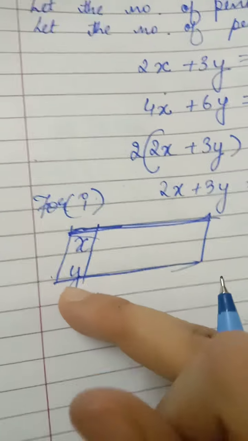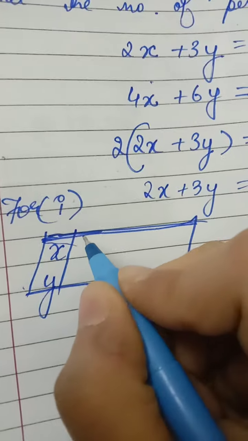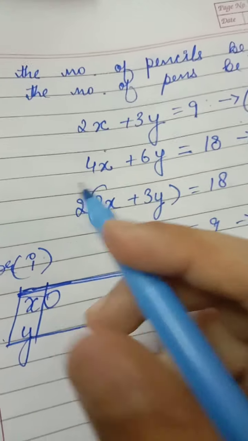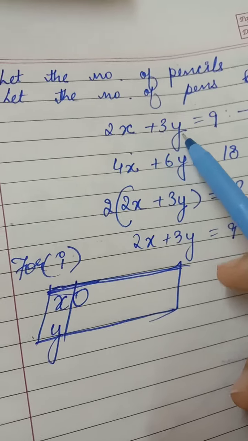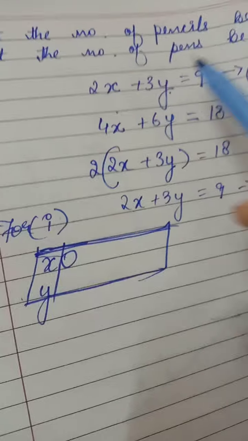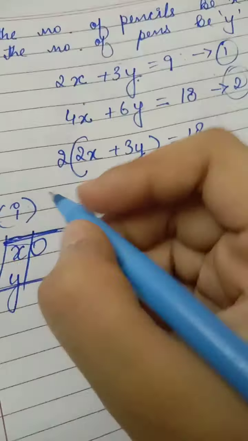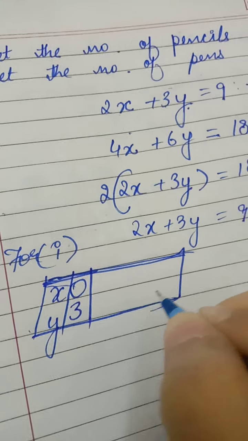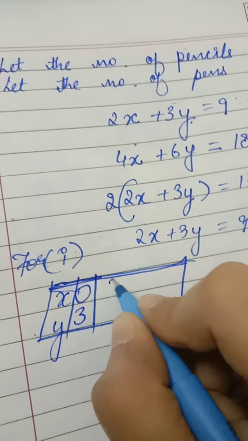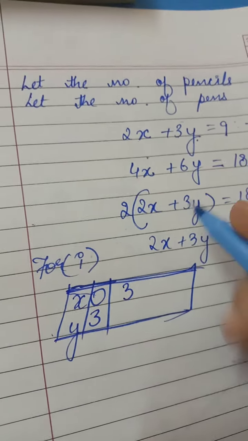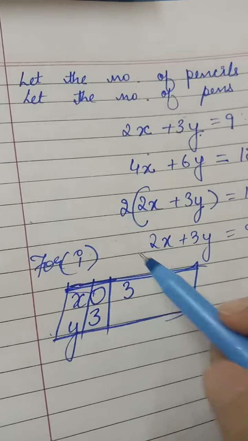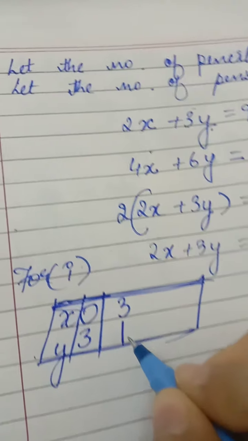So for x and y, if we keep x as 0, we'll be getting 0 plus 3y is equal to 9. Then y will become 3. If we keep x as 3, 2 threes are 6, we'll get 1 here.